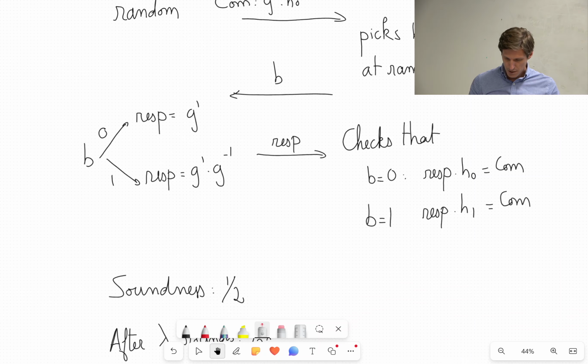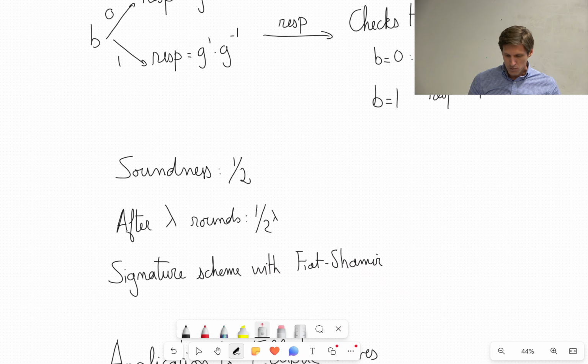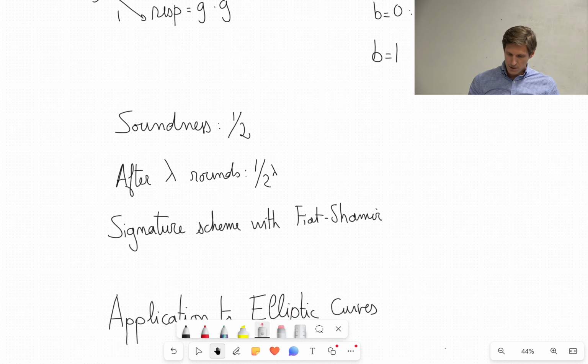What's important to know is that you can turn such a protocol into a static proof of knowledge, and then that can in turn be transformed into a signature with the Fiat-Shamir heuristic.